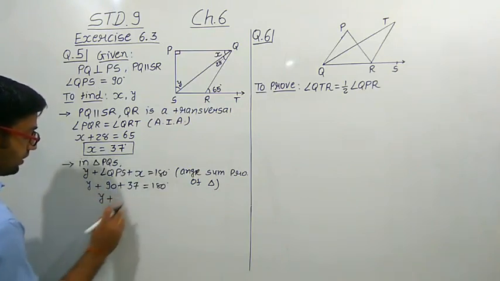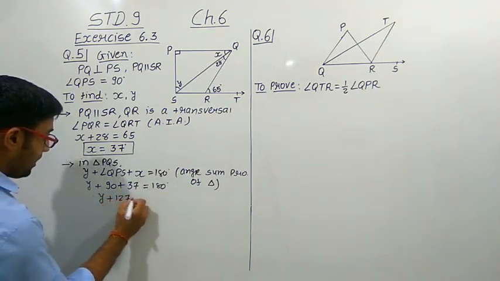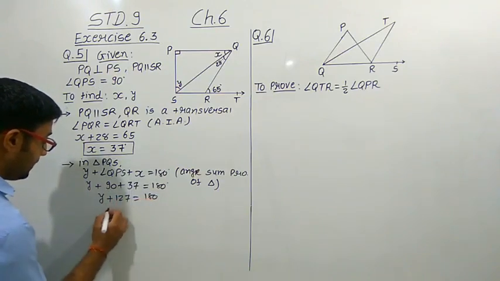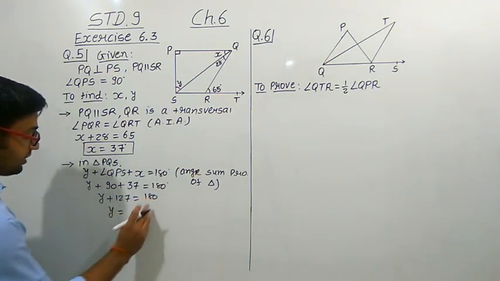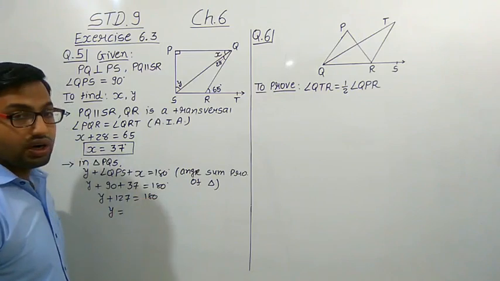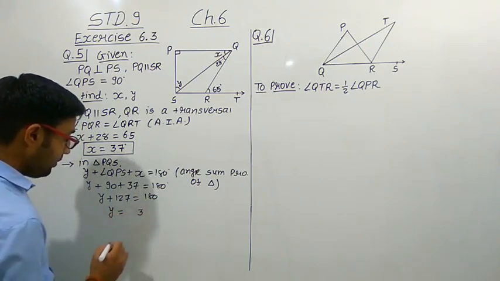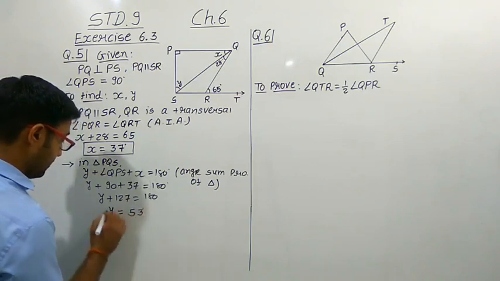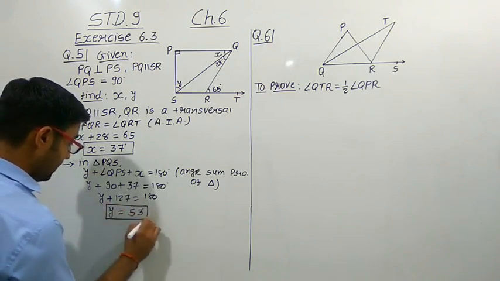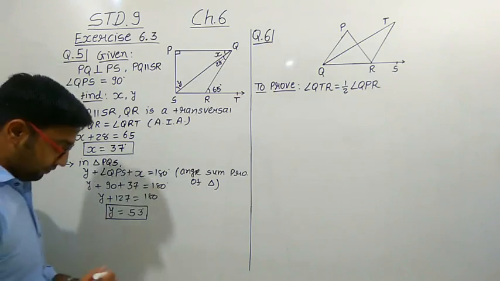So Y plus 127 is equal to 180. So the value of Y is 180 minus 127, that is 53. So the value of Y we get here is 53 degrees.